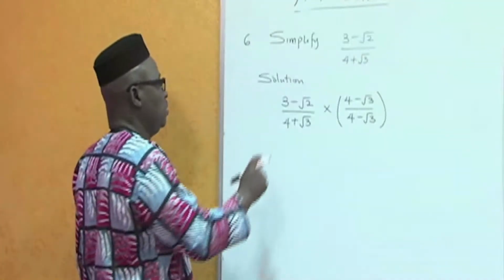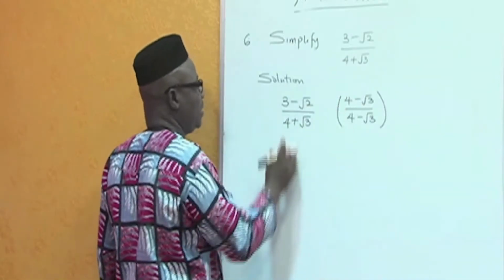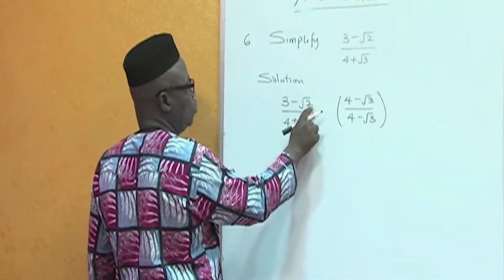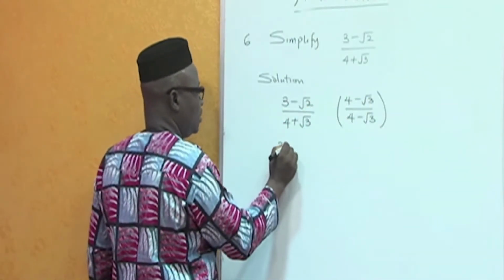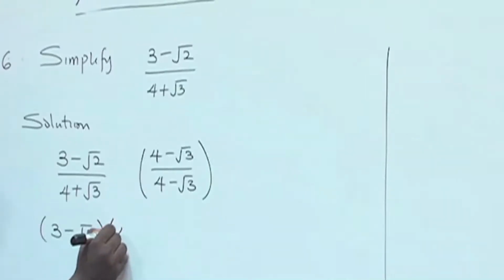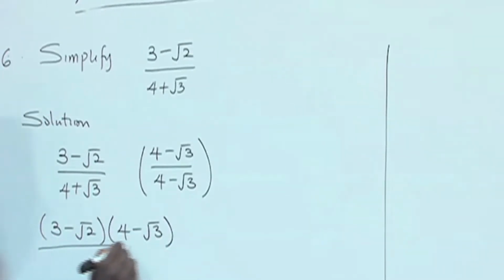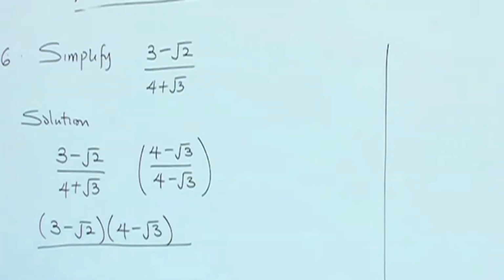Now at this point, let me remove this multiplication sign because the bracket can serve the purpose of multiplication. Now 3 minus root 2 multiplied by 4 minus root 3. That is, we have 3 minus root 2 multiplying 4 minus root 3, all divided by 4 plus root 3 multiplying 4 minus root 3.